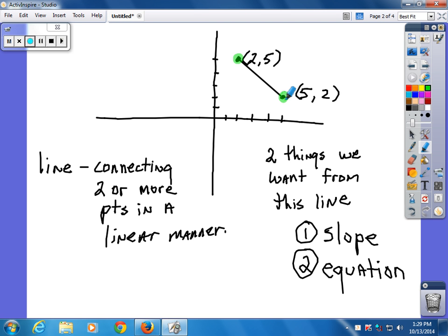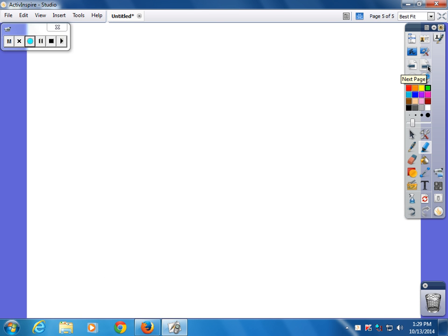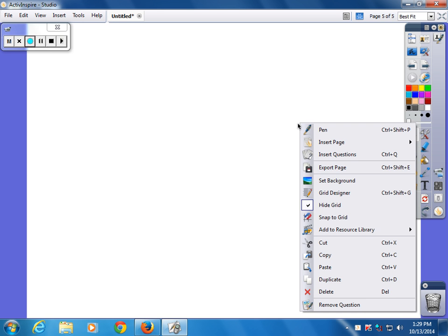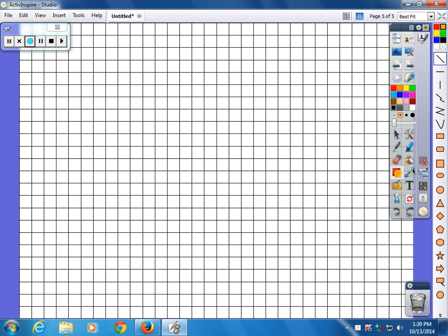Now the only other type of problem is when they give you a grid. I'll show you what I'm talking about. They give you a grid like that, with an X and Y axis.